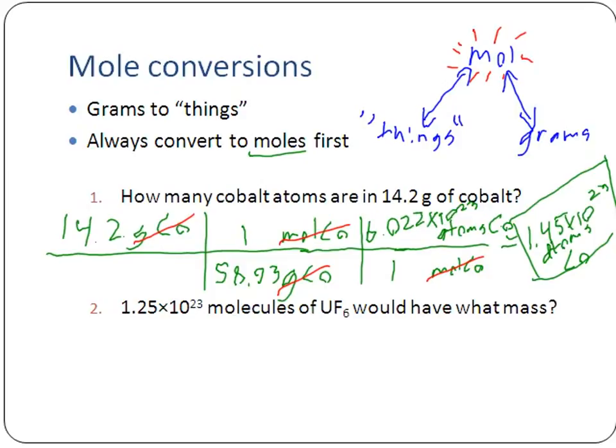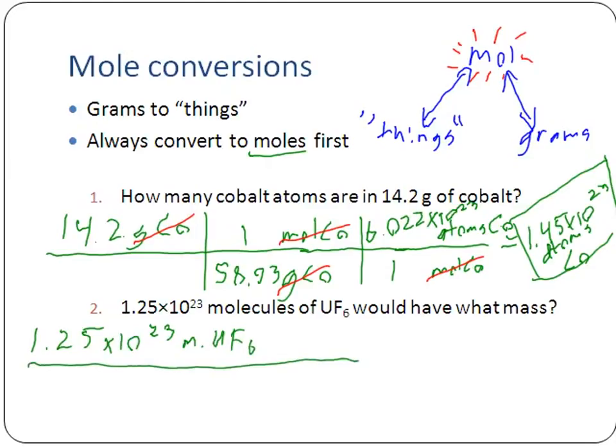Our next one here, sort of the reverse way, we have 1.25 times 10 to the 23rd molecules of UF6. That's uranium hexafluoride. UF6 would have what mass? And so we start off with 1.25 times 10 to the 23rd molecules of UF6, and we're going to set that up.